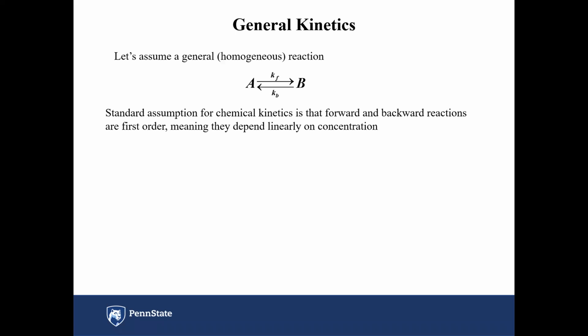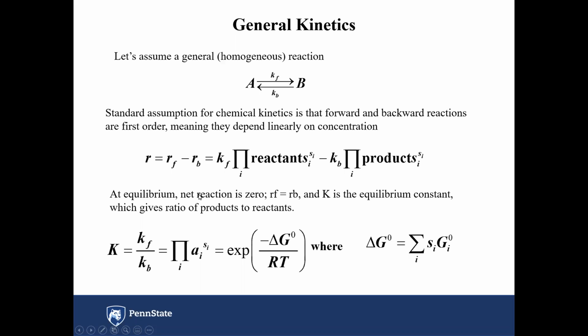And we assume that this is first order, meaning they depend linearly on the concentration, right? Then we can draw the reaction flux R like this. R is equal to the forward flux minus the backward flux, and that is equal to the reactivity k times the concentration of reactant, right?